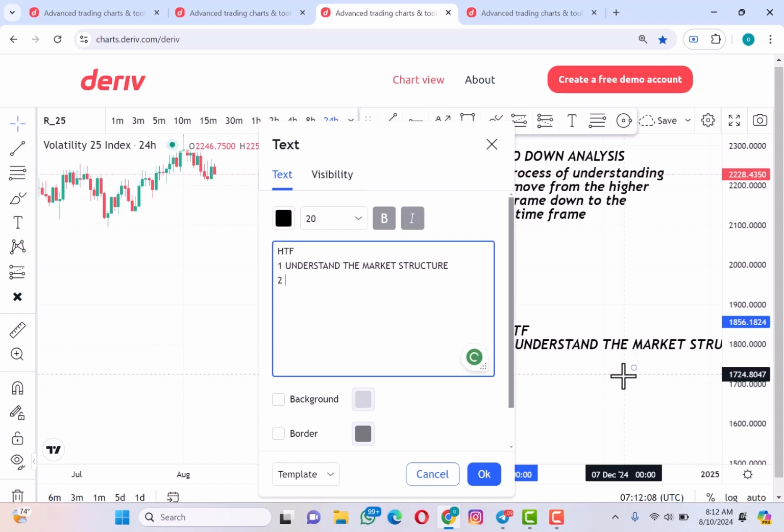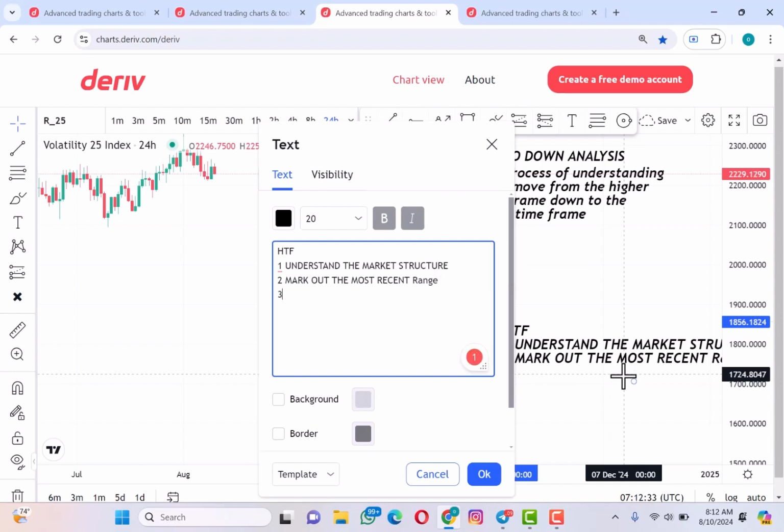Number two, you have to mark out the most recent range.